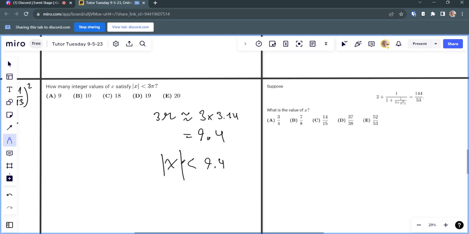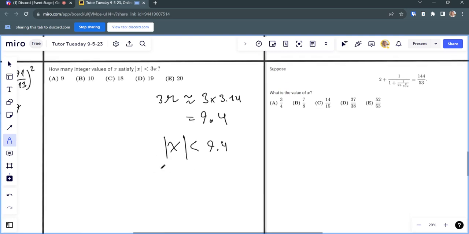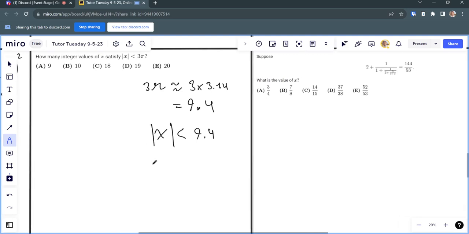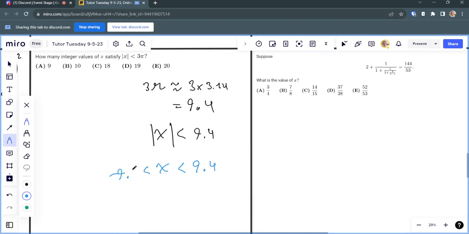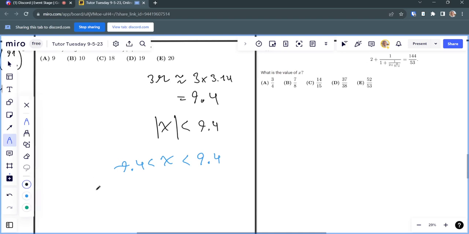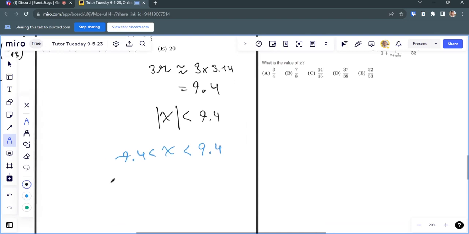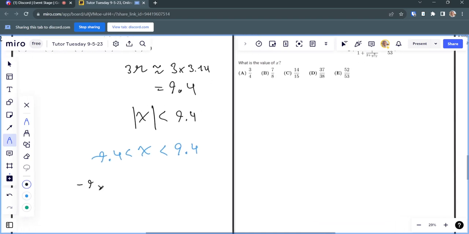Actually, this is absolute value of x. So if we expand out the absolute value, x has to be between 9.4 and negative 9.4. So the possible values here would be negative 9, negative 8, negative 7, 0, 1, and so on until we get to 8 and 9.